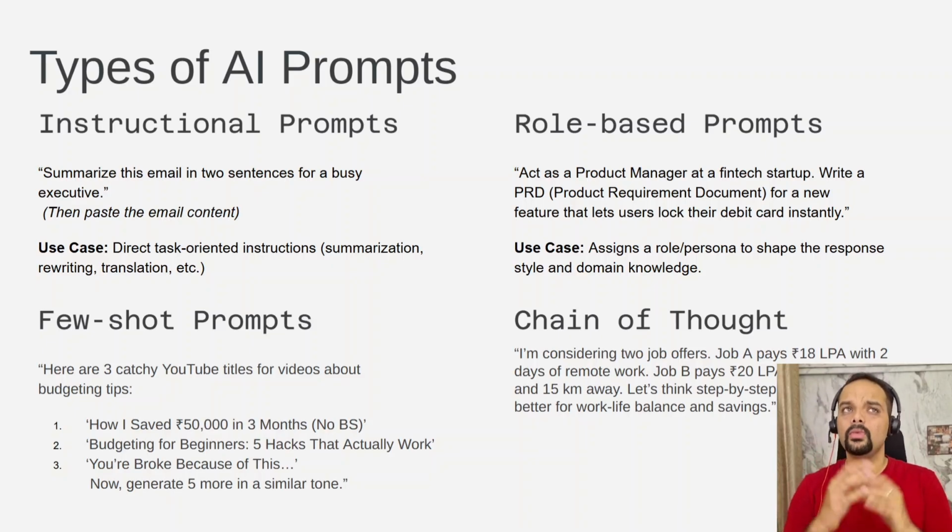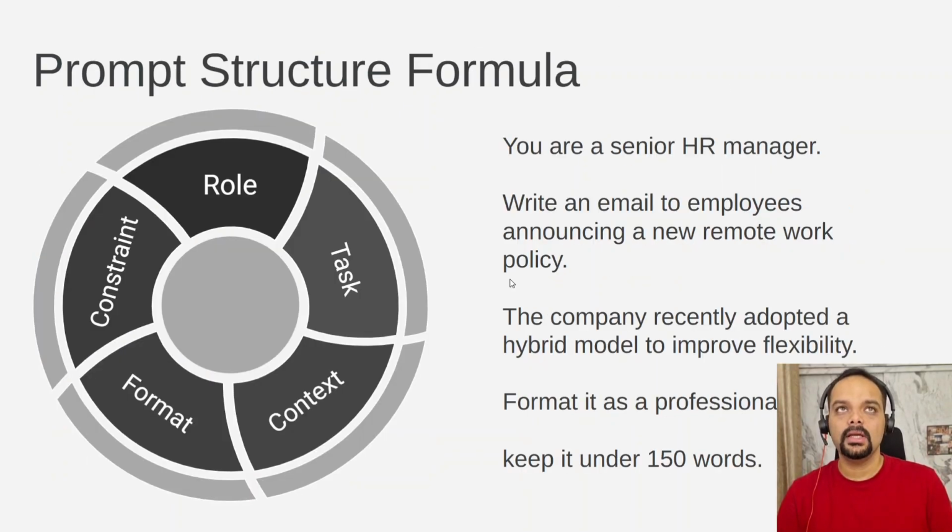You can read more about these kinds of prompts on various platforms, and you can ask even ChatGPT to summarize these kinds of prompts. But when you are prompting next, do keep in mind what type of prompt you are typing in. Let's go ahead and see a prompt structure formula.